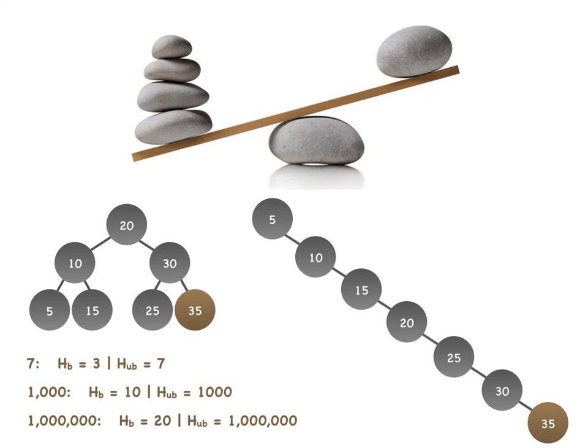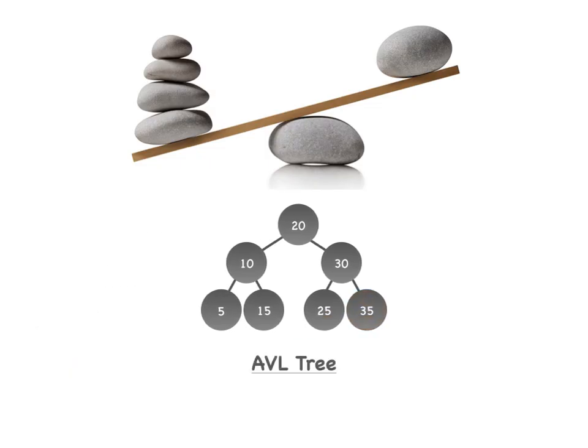So clearly, as the number of nodes increases, the height difference between a balanced version of that data and an unbalanced version of that data becomes more and more significant, making a tree that's able to keep itself balanced at all times increasingly more valuable. Which brings us to the definition of an AVL tree. An AVL tree is a binary search tree that is always balanced. How an AVL tree is able to keep itself balanced at all times, we will discuss in the next video.